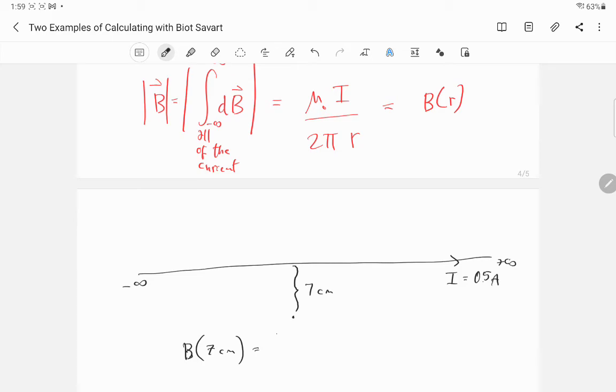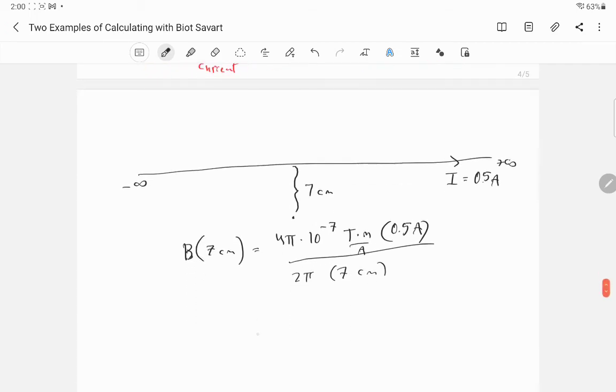It's equal to mu naught, which is 4 pi times 10 to the minus 7 Tesla meters per amp, that's what mu naught is, times the current I, so 0.5 amps, divided by 2 pi, and then also the R, and the R is 7 centimeters.